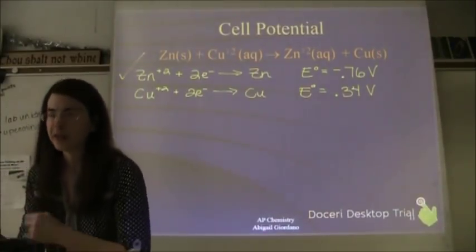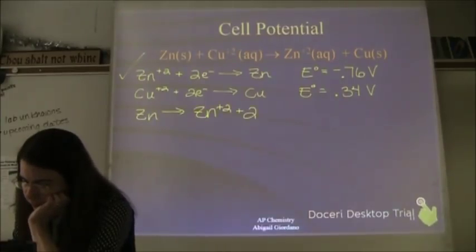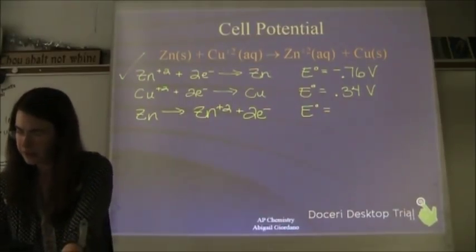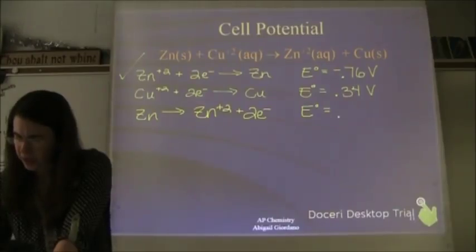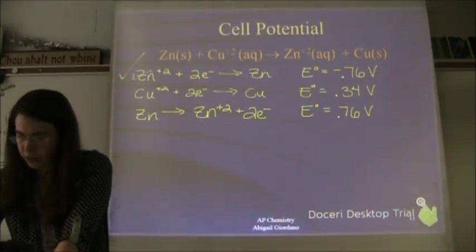So I'm going to rewrite that flipped around. And what happens to the reduction potential, which is now an oxidation potential? What do I do? Yeah, just change the sign, so now it's positive 7.6. I'm going to scribble through this first one because I don't need it anymore.